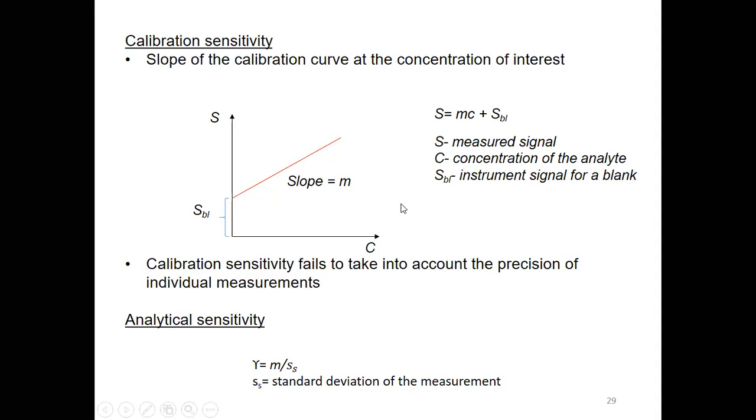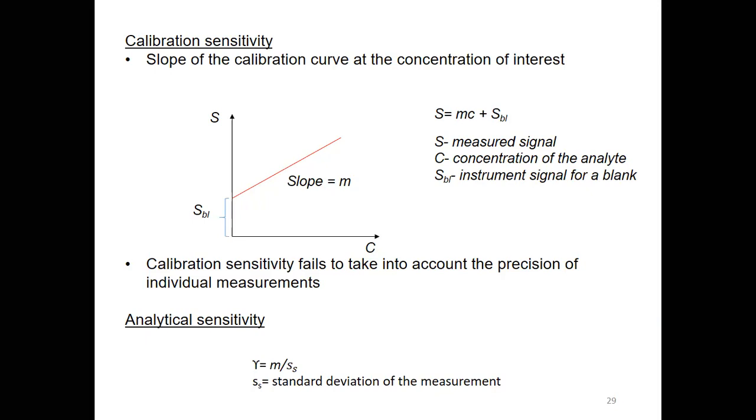So when you plot the calibration curve, you will get an equation like this: S, the signal, equals m, the slope, times C, the concentration, plus S_bl, the blank signal. So the slope will give the calibration sensitivity.